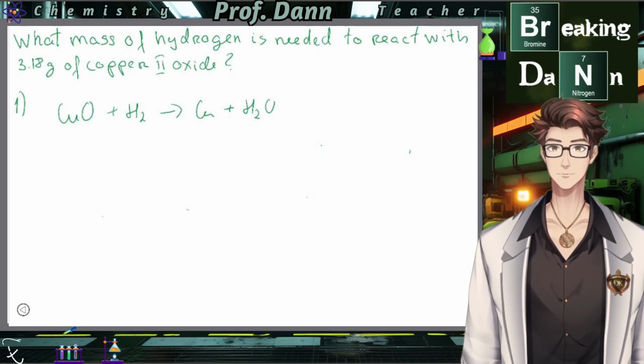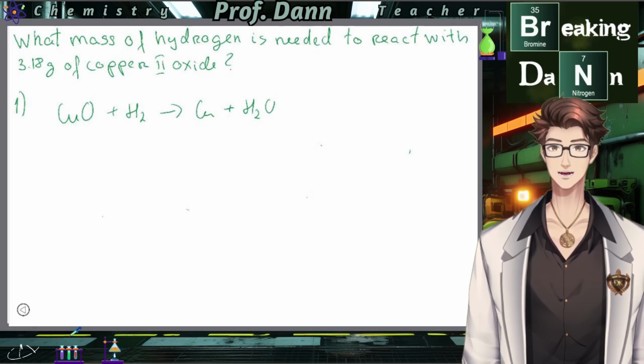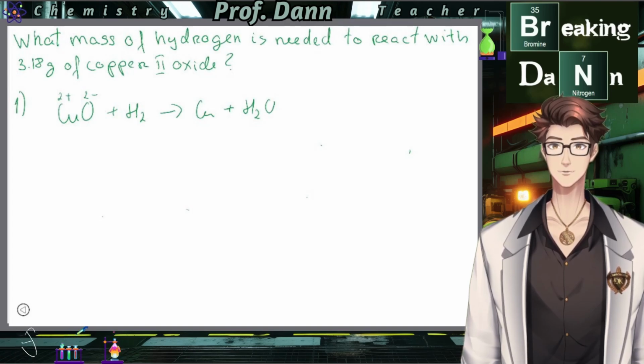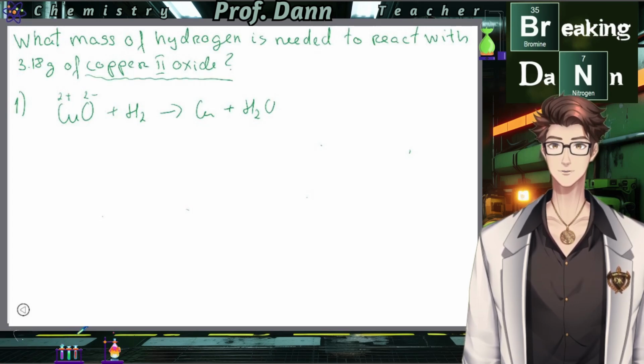Let's look at the oxidation state for each element by using information from the periodic table and from the given task. For oxygen, the oxidation state is 2 minus, and this is the state I would suggest you remember because more than 80% of the time this will be the correct number. For copper, the oxidation state is 2 plus, and this is because of the name of the copper oxide in our task.